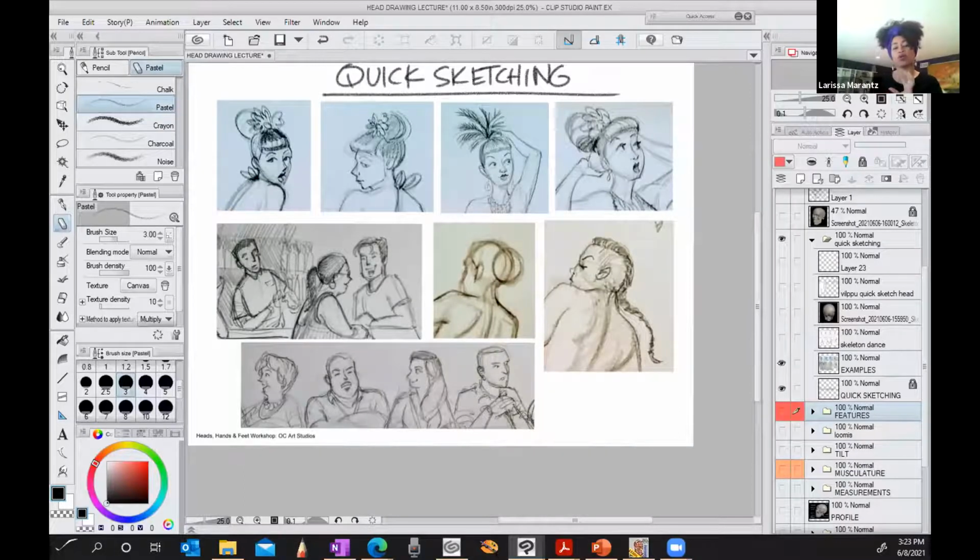And then you're also adding the features, but how do you do that without getting caught up in all the details? Well, understanding what shapes are used in the head and how to rotate the head is really going to help a lot in quick sketching of the head.